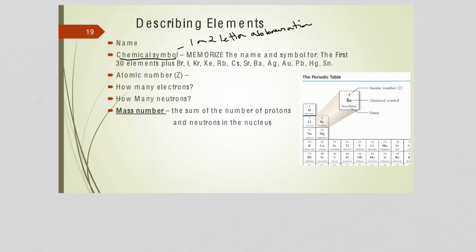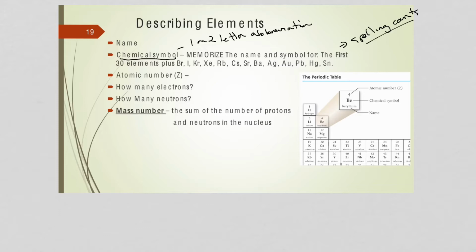And yes, for those of you who might be wondering, spelling counts here for the names. And so, just so you can get a start on it, you will need to memorize the name and symbol for the first 30 elements. So if you're looking on the periodic table, that would be element number 1, hydrogen, through element number 30, zinc.